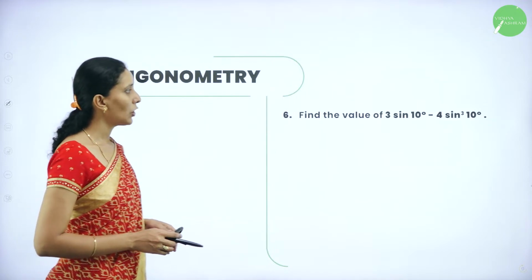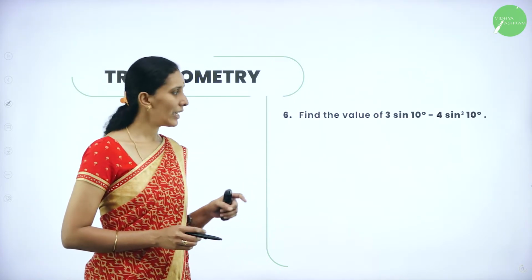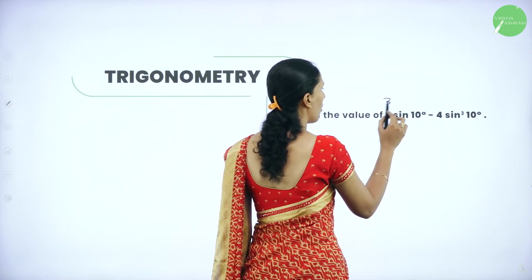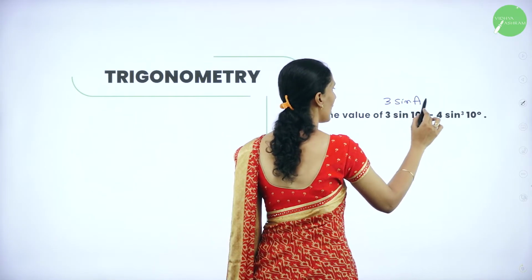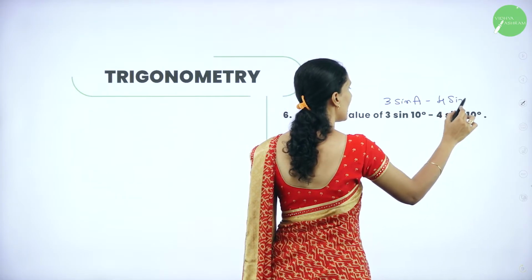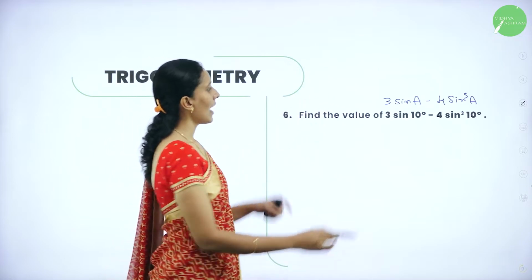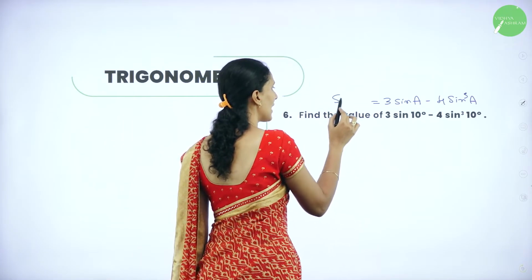Next, find the value of 3 sin 10 degree minus 4 sin cube 10 degree. Now this is in the form of 3 sin A minus 4 sin cube A, so angle A is the same. This is actually the formula for sin 3A.